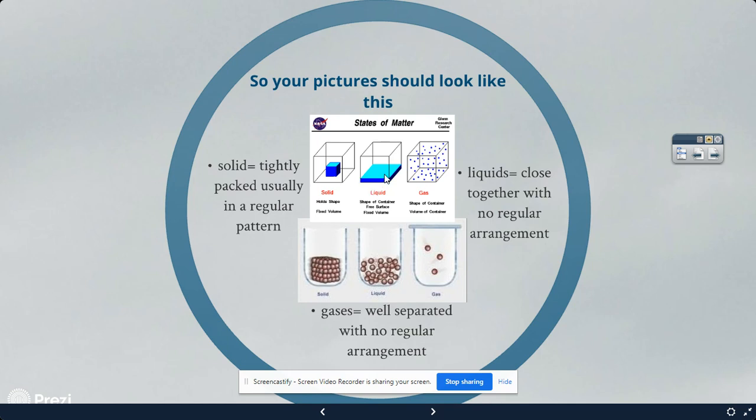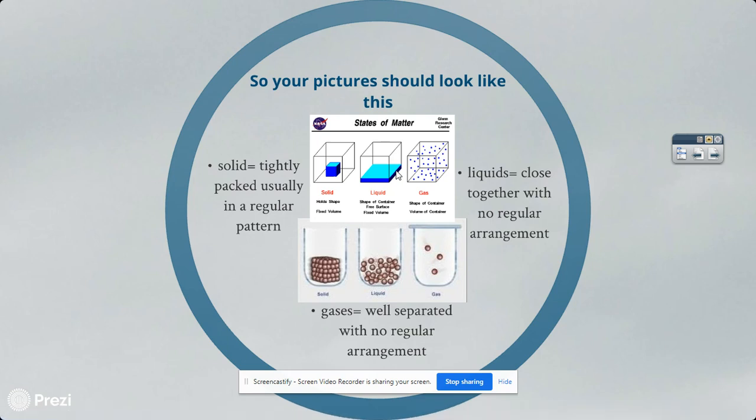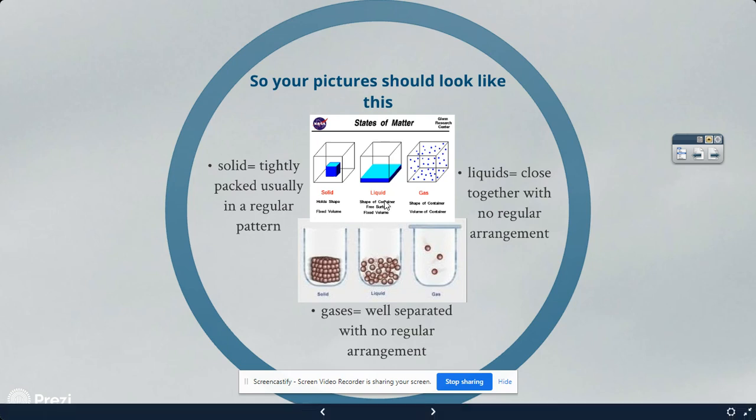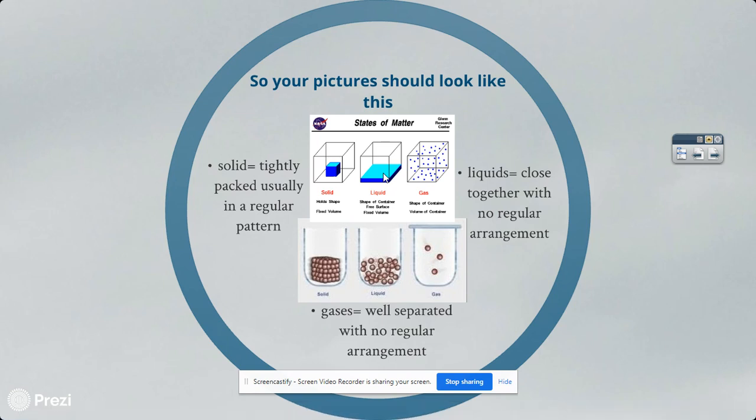Okay. Now, a liquid, those molecules are close together. Like if I pour some water into a cup, okay, those molecules are tightly packed together in that cup. But those molecules can also change. If I pour my water from maybe like a pitcher of water into a cup, that liquid can change shape. It's going to take the shape of whatever container that water is in, right?